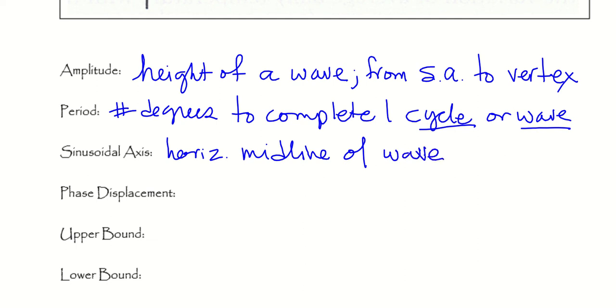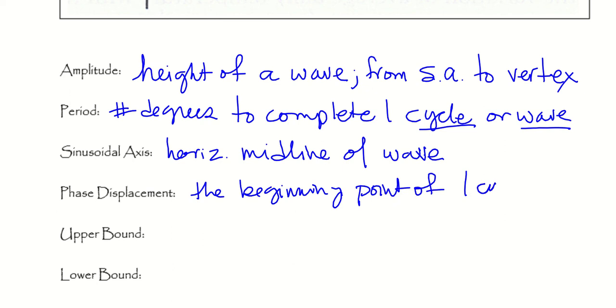The phase displacement marks the beginning point of one cycle, and that can be a phase displacement for a cosine wave, which would begin at a peak, or the phase displacement of a sine wave, which would begin at the sinusoidal axis.